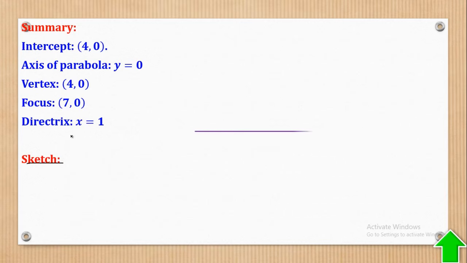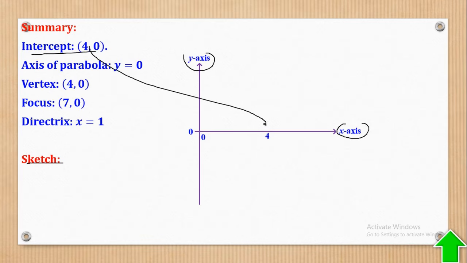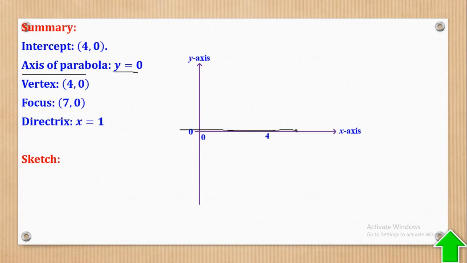Now sketching, the first thing to do is to draw the axes and label them: x-axis, y-axis. Then next is to get the intercept. The intercept was (4, 0), which is here. Then next was the axis of symmetry, which was y equal to 0. Now y equal to 0 is the x-axis, so there's nothing we can write there.